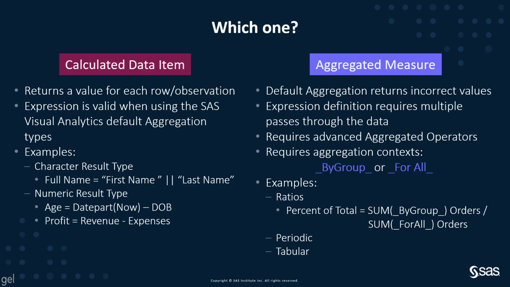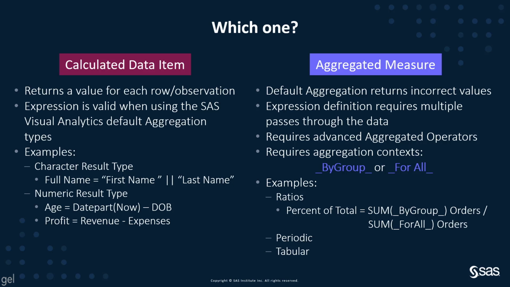Some examples of expressions where every row would need a value could be a character expression. I know I didn't cover it in this particular recording, but if you were concatenating first name and last name to get the full name, every row would have a value for that. That one particularly would not be aggregated. Age would also, but using age as an individual row observation, you could change it to show the average age and have that aggregate as potential to help answer your business questions.